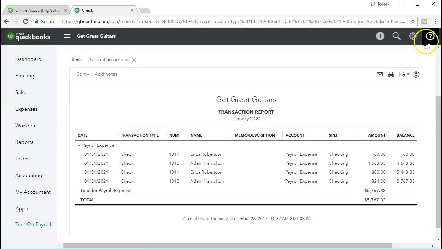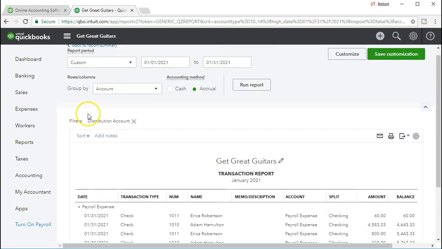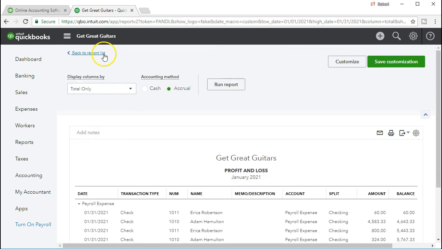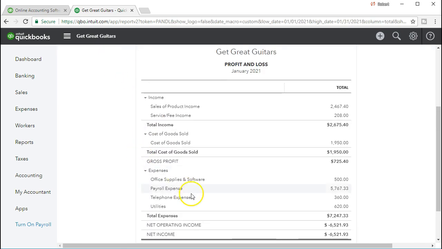So if we close that back out, those are going to be our 2 items there. So if we scroll back to the profit and loss, then of course the payroll expense is being increased by the full amount, not the net amount paid to the employees, plus our portion of the payroll taxes. That increase to the expense, bringing down net income, giving us a loss at this point in time.